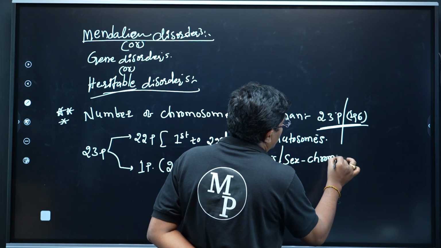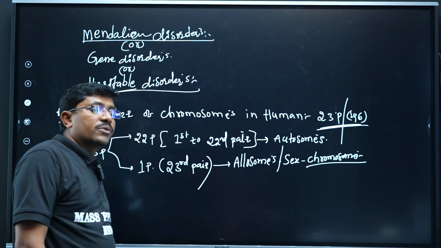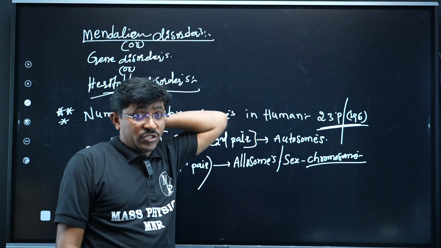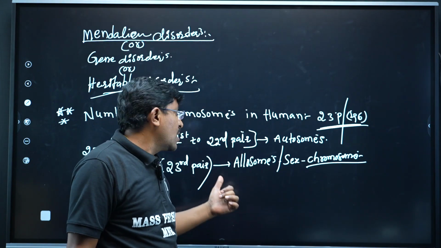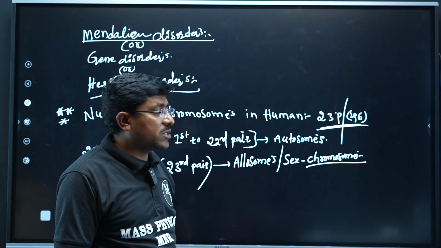What is the reason these are called sex chromosomes? These allosomes decide the sex determination. That's why this last 23rd pair of chromosomes is called the sex chromosomes.